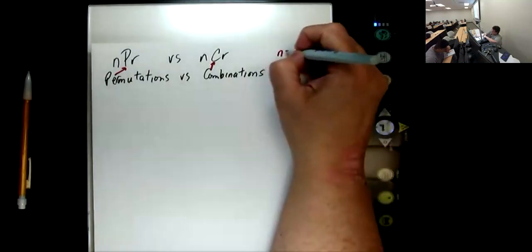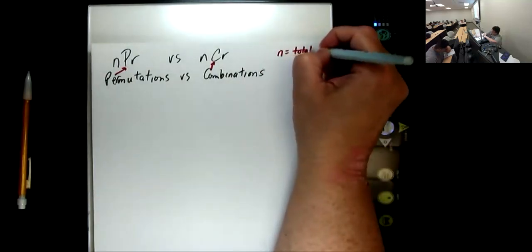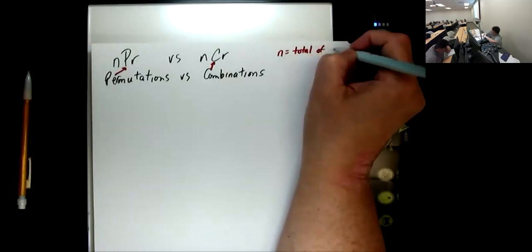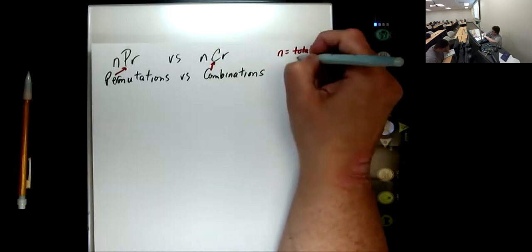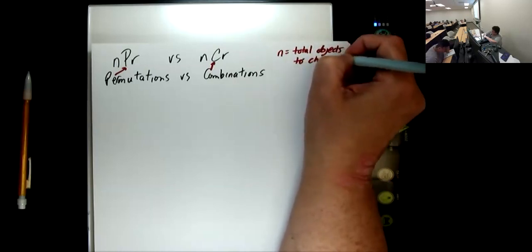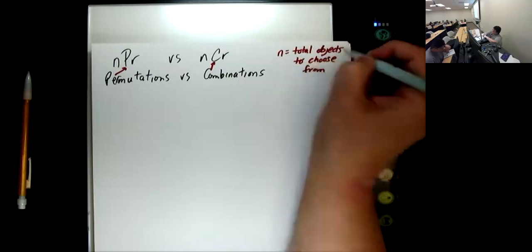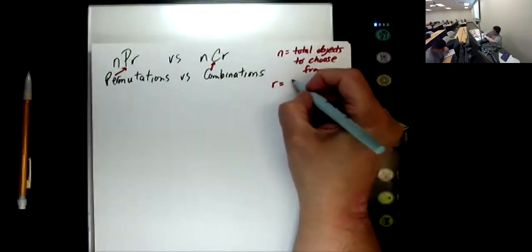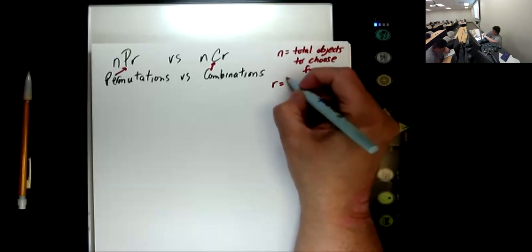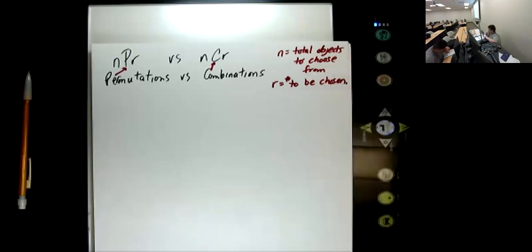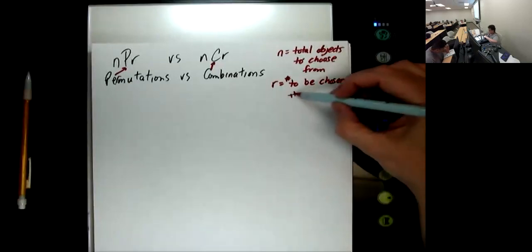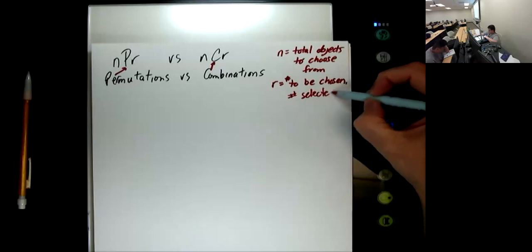The N is the total number of objects to choose from. R is the number to be chosen, or number selected. This will make more sense when I do the setup here.